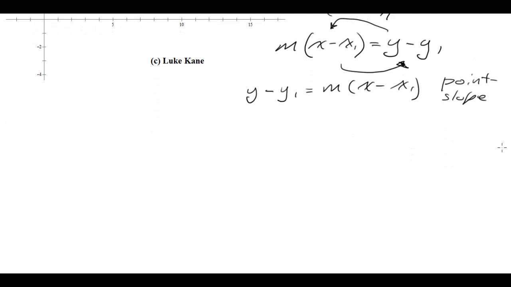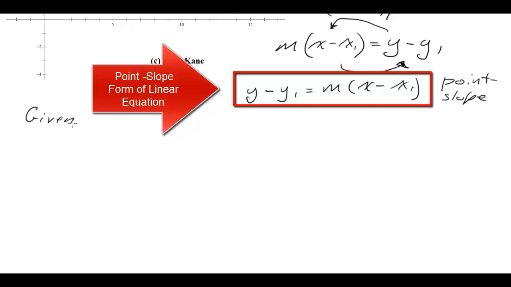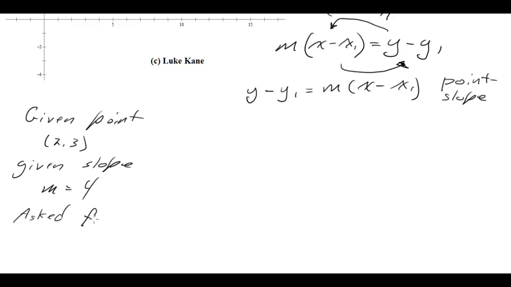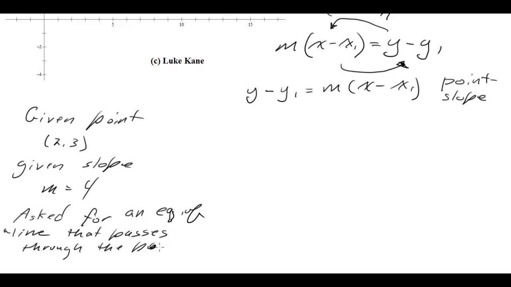And basically, as the name implies, if you're given a point, say 2, 3, and you're given a slope, say slope of 4, and you're asked for an equation of a line that passes through the point with the given slope, it's just plug and chug. It's not a really difficult problem.